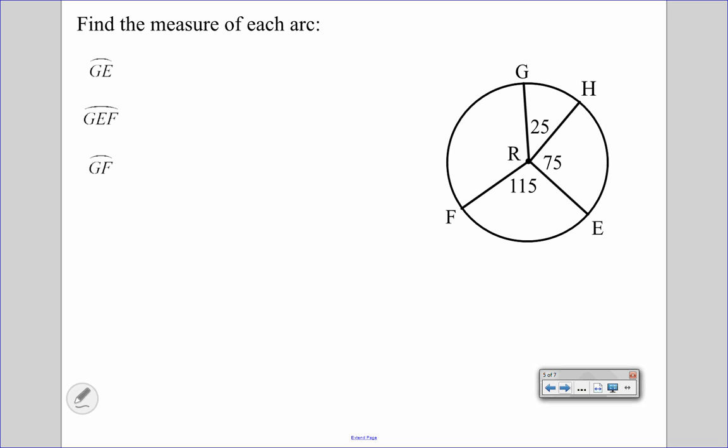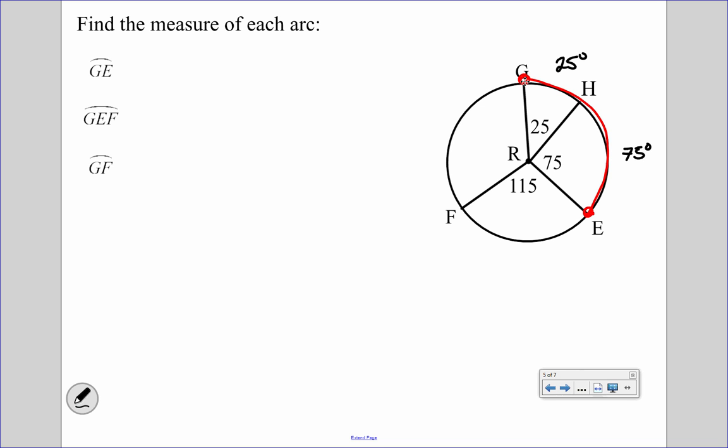So let's look at our first one, arc GE. So you go from G all the way down to E. Well, if you notice, this arc, the top piece, the GH arc is 25 degrees. The central angle is 25, so the arc is 25. And the central angle for HE is 75, so this is 75 degrees.